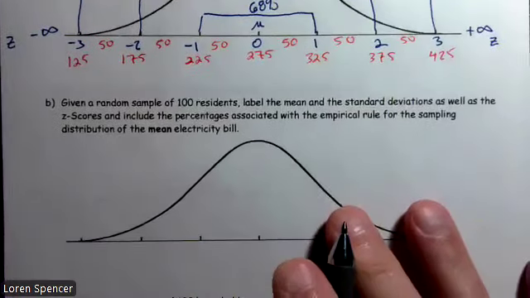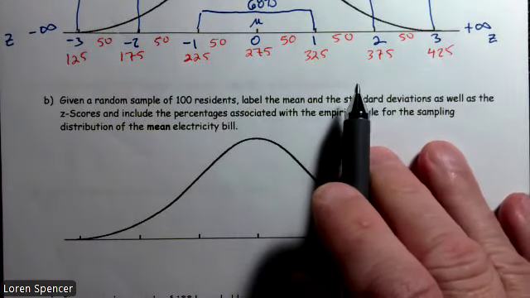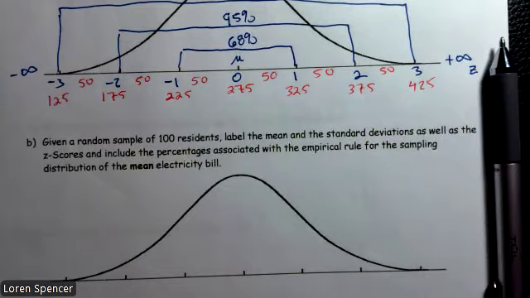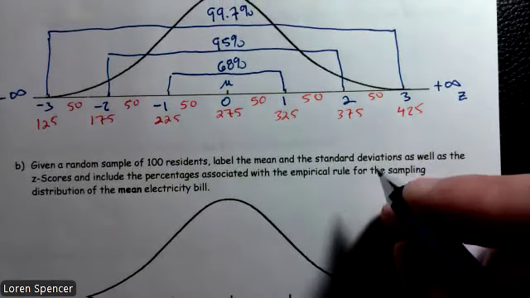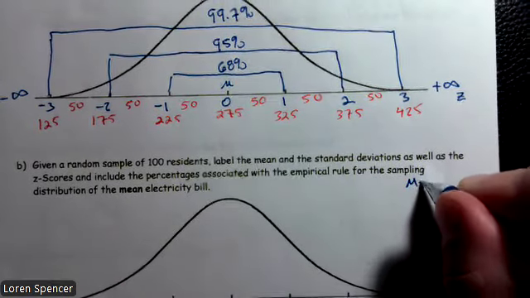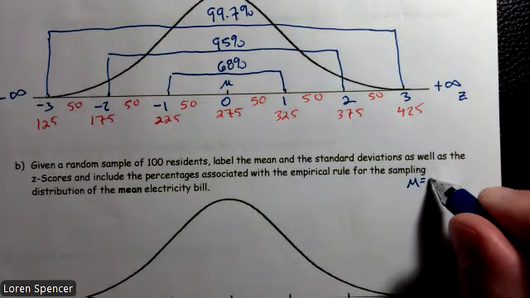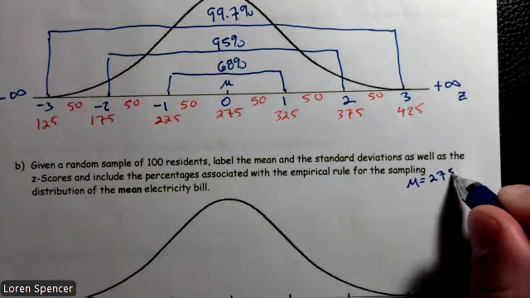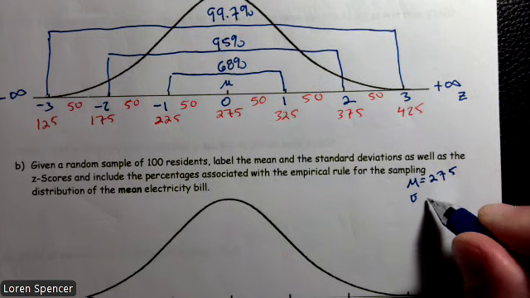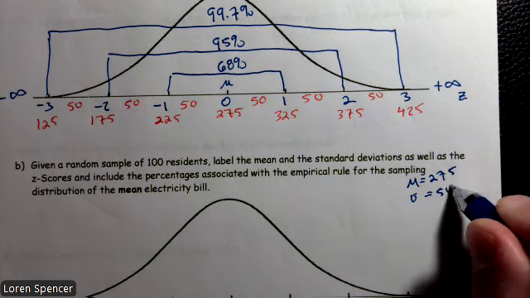So given a random sample of 100 residents, label the mean and standard deviations as well as the z-scores and the percentages. So let's remind ourselves that the mean of the population is 275, and the standard deviation of the population was 50.